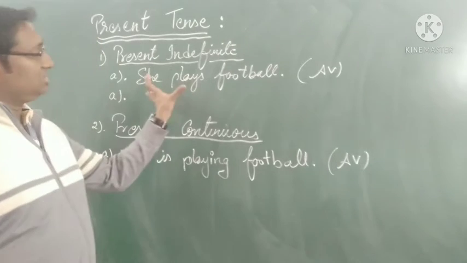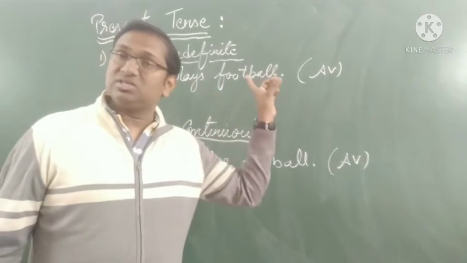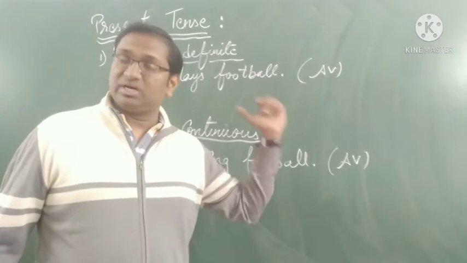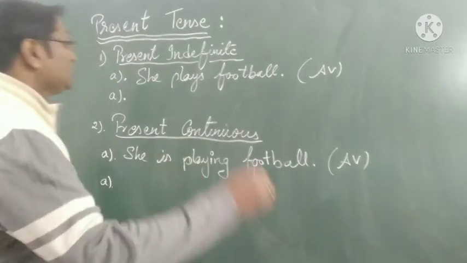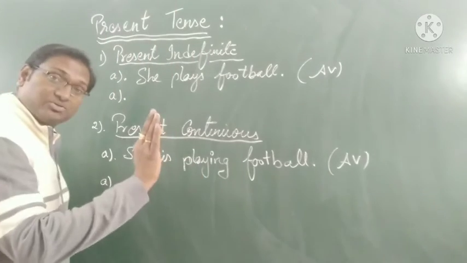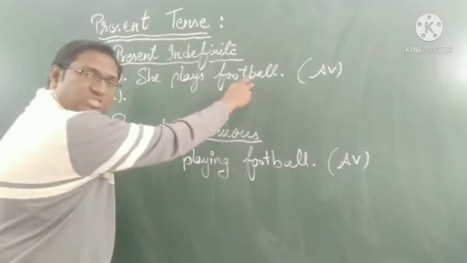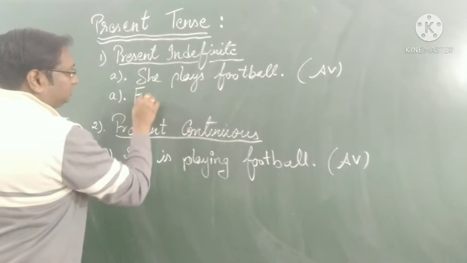So again the same sentence, she plays football. This is your present indefinite active voice. Now we have to convert this active into present indefinite passive voice. So according to the formula, the football, which is an object in the active, will become your passive subject.